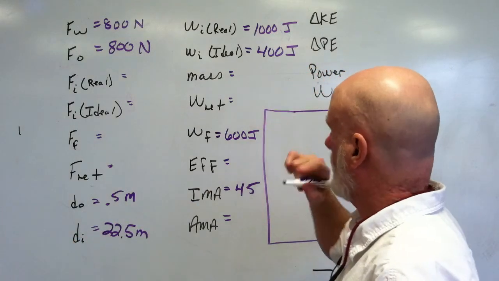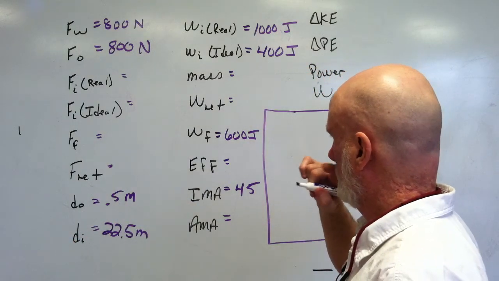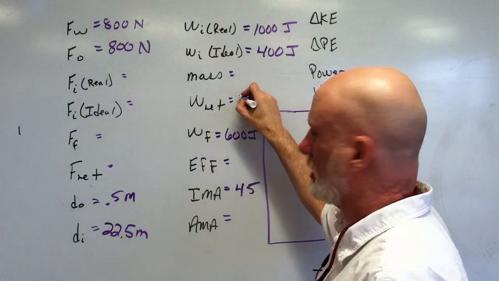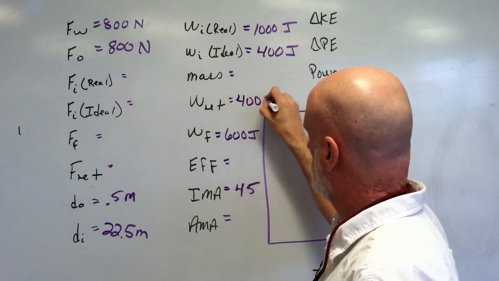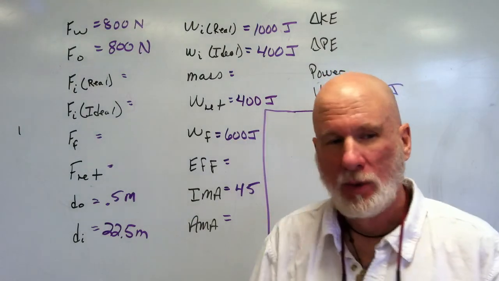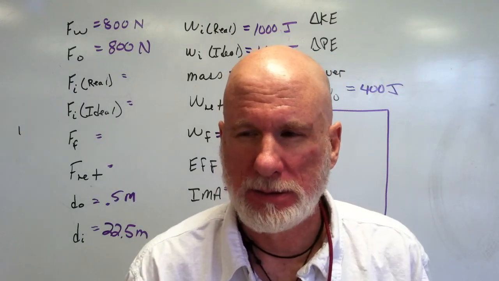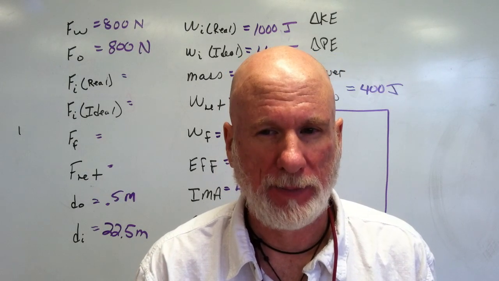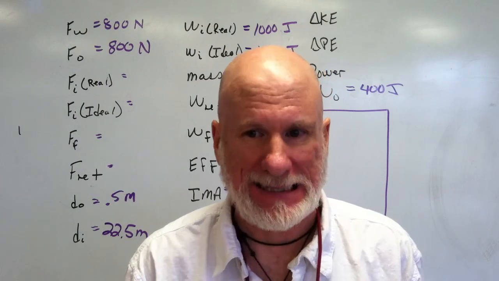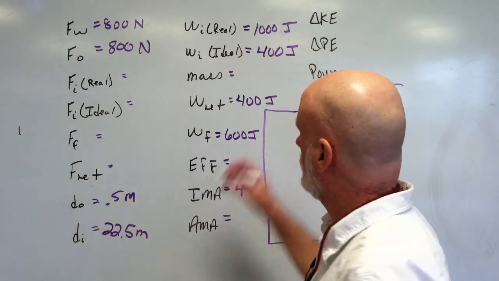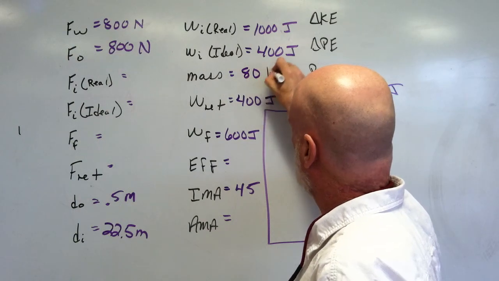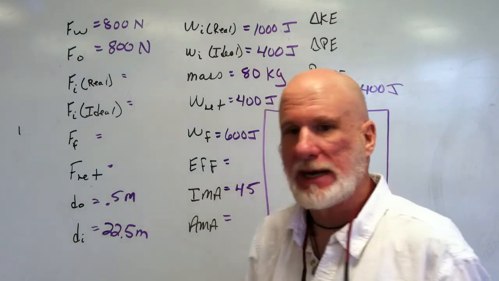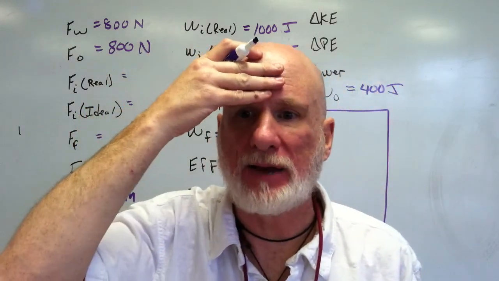So W net is going to be 400 joules, correct? Okay, what's the mass? We didn't get that, but you can calculate it. Isn't it 800 divided by 10? Yes, which is 80 kilograms. Okay, now how do I calculate efficiency?